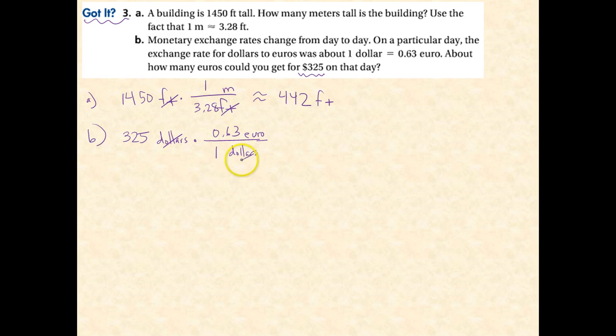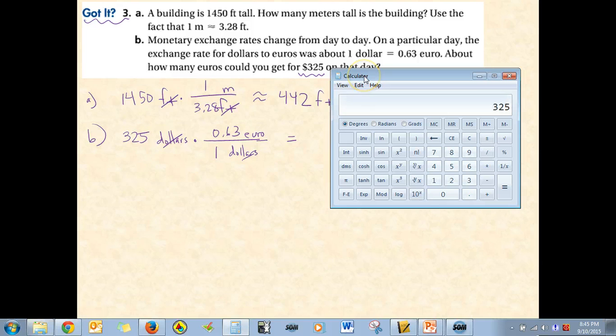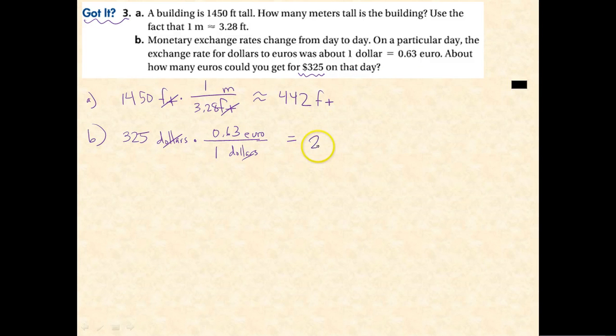Now our dollars will cancel, and we just need to do 325 times 0.63, and that's 204.75. So that's 204.75 euros. Our dollars canceled out, and our units are euros.